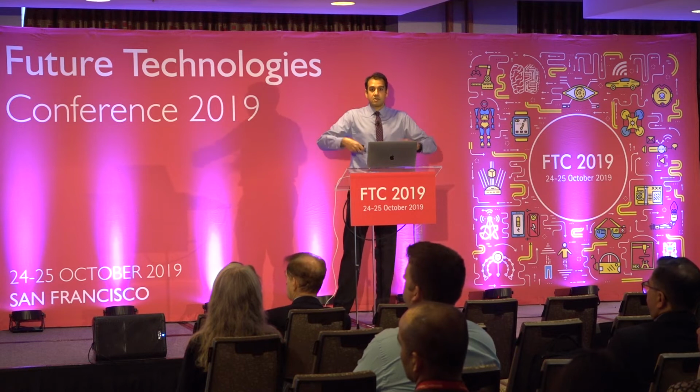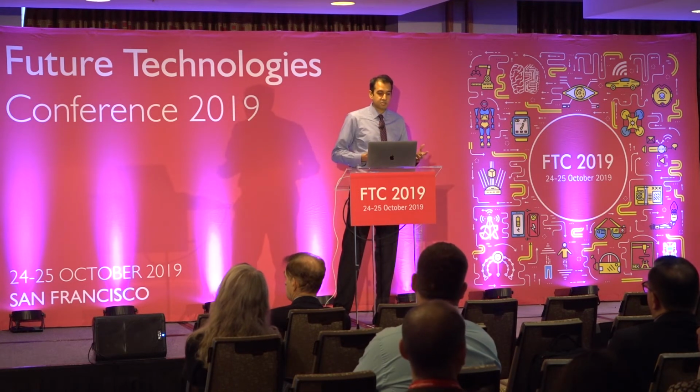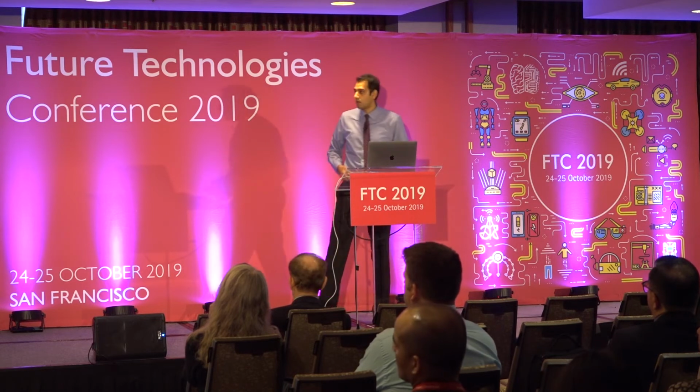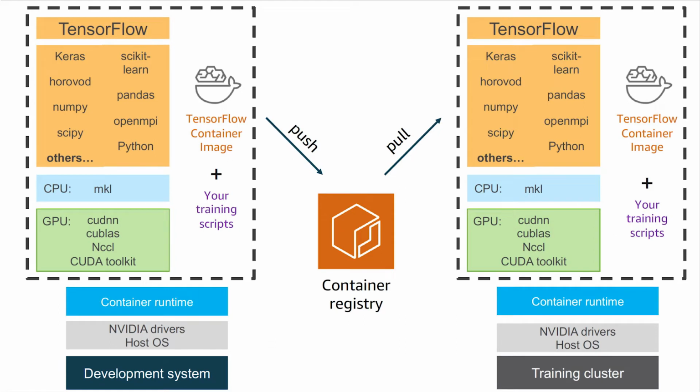Your deployment or training paradigm changes to this: you develop your code on the left, package it up into a container, and push it to a registry, which is sort of an app store. Then on your training cluster, you just pull it, and in most cases everything automatically works.